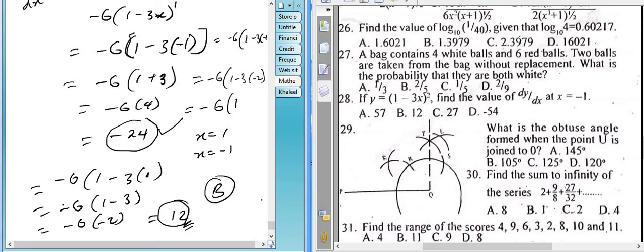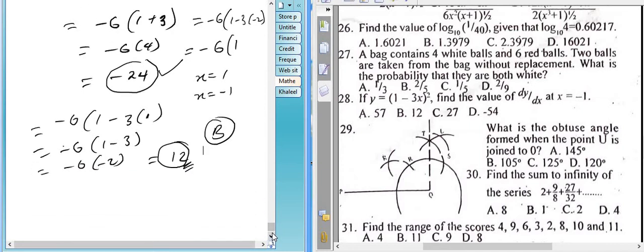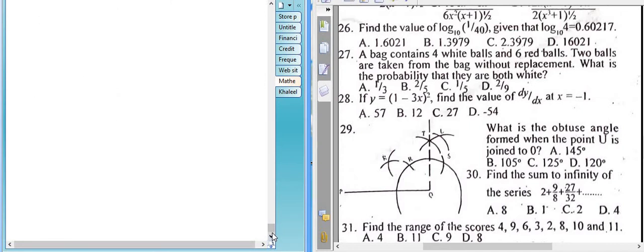Okay, so let's go to the next question, which is question number 29. Question 29 is so easy. It's just a construction. It asks what is the obtuse angle formed when the point is joined from O. So this is the O. If you draw a straight line from here, the diagram is not so clear, but it's like this.